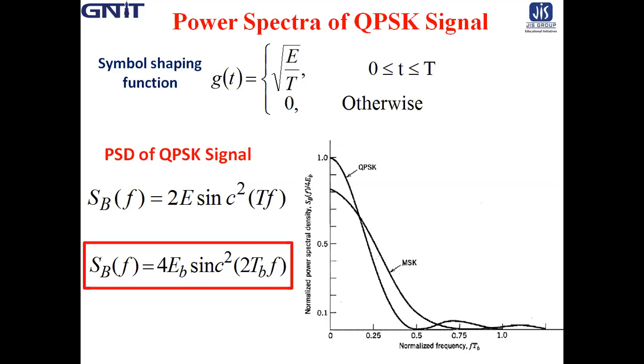Similarly for the quadrature component. So this is valid for both the in-phase component and the quadrature component. Here g(t) denotes the symbol shaping function, which is the square root of E/T for t belonging to 0 to T, and otherwise it is 0.